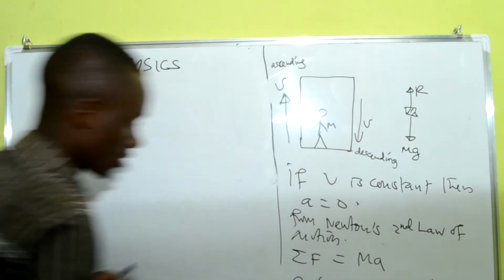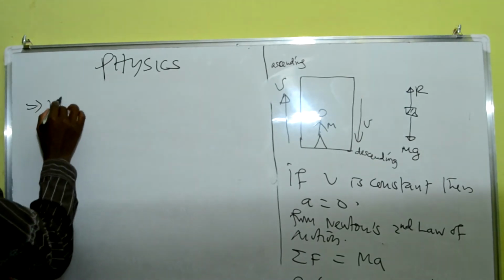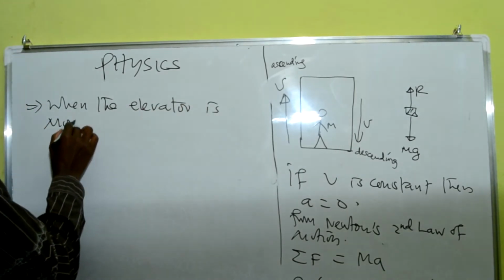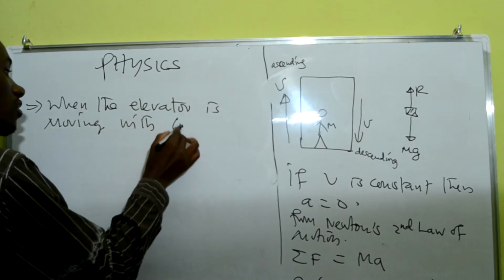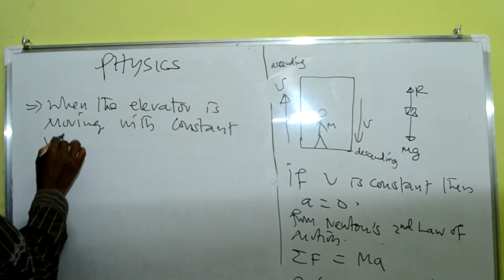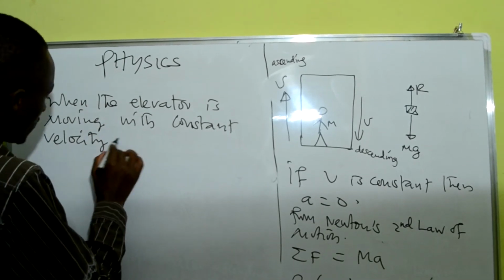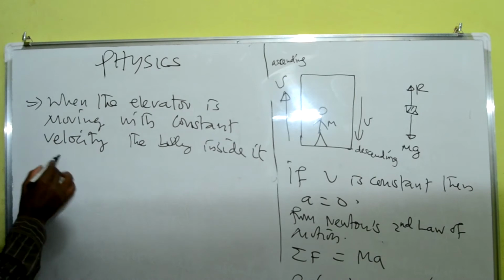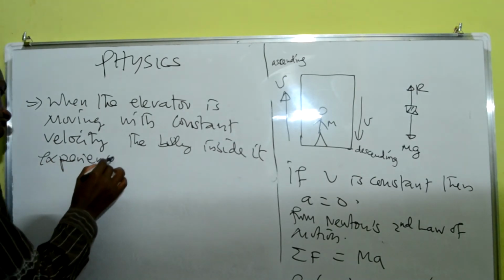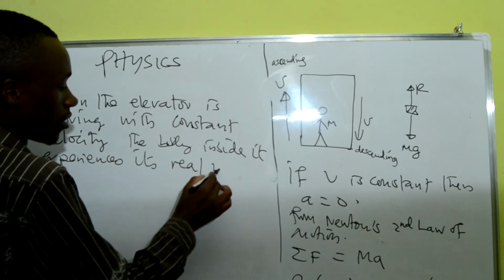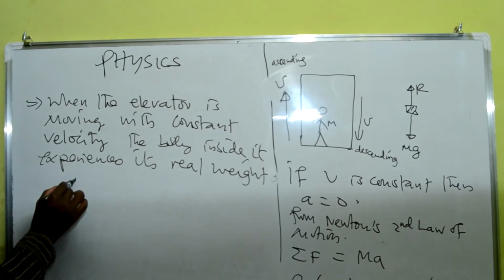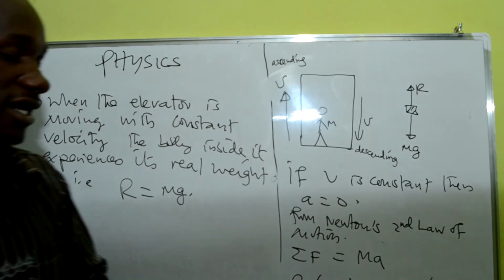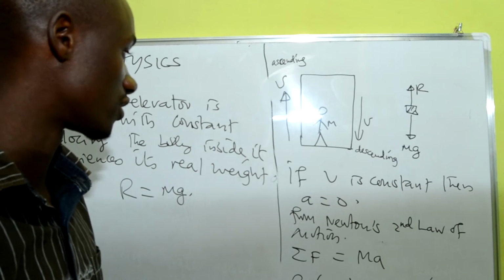That is, apparent weight equals real weight of the body when the elevator is moving with a constant velocity.